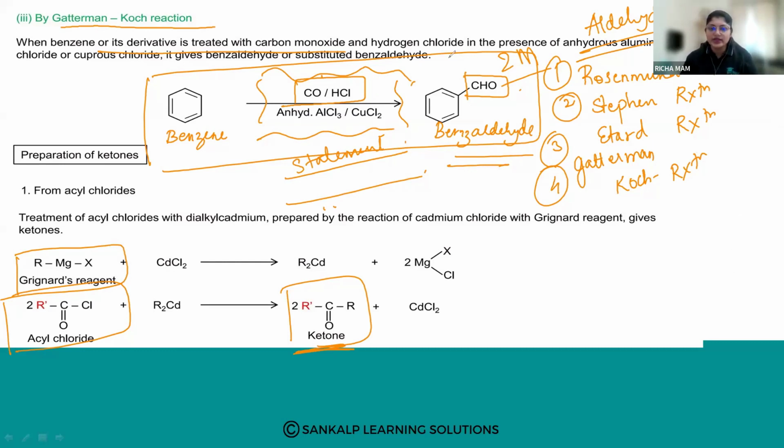So today's homework, you have to go through these four name reactions. Tomorrow we are going to discuss ketones, and in ketones also you will have name reactions. Then we have carboxylic acids, so after completing ketones, the name reactions will be more.